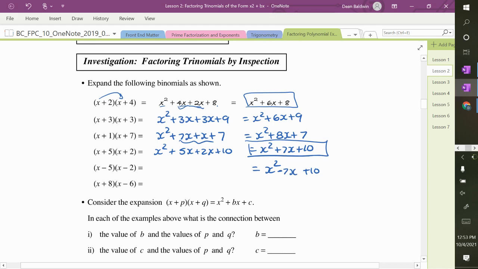Okay? So when you are factoring a trinomial, what you're looking for, and I'll summarize this on another page, you don't have to write it down now, is you're always looking for numbers that multiply to the end and add to the middle.